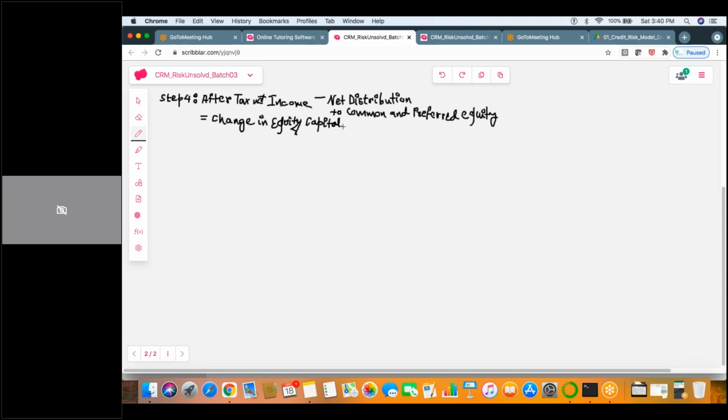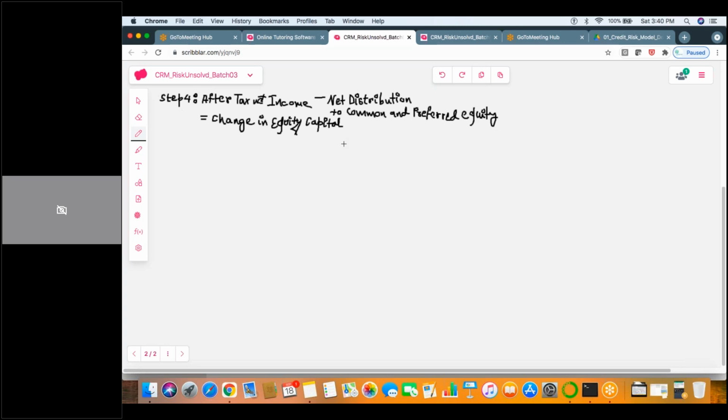What is more important to observe is that there exists a very deep relationship between the after tax net income and the changes in equity capital.